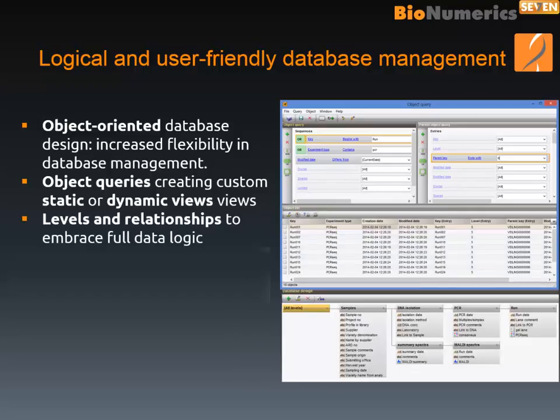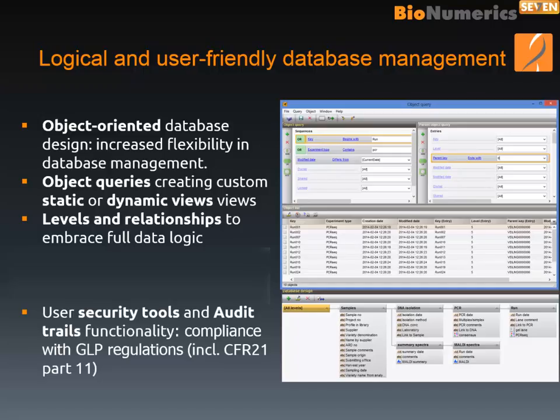Users can define levels and relationships to accommodate their specific data logic, for instance to deal with duplicates and replicates, or to store patient information on a different level than the sample information obtained from a specific patient. With the user security tools and the audit trails module, BioNumerics 7 is a highly secure and traceable environment that allows for compliance with the strictest GLP regulations.